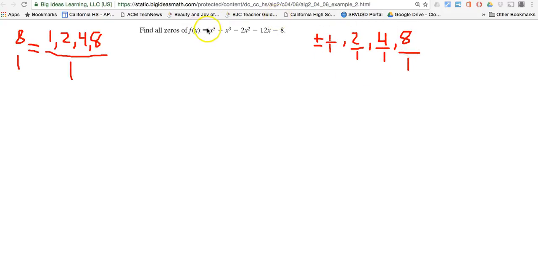Now, we could still have irrational zeros, and we could have imaginary zeros, but all of our rational zeros have to be one of these numbers. Now, the reason this is important is that when we first look at this problem, we really don't have any direction.